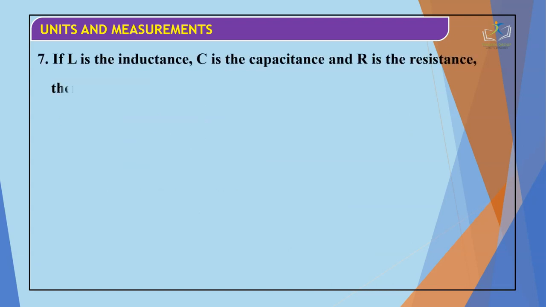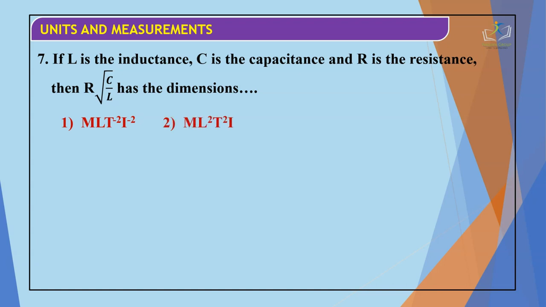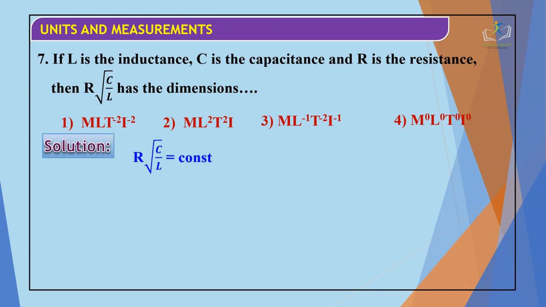Next question which we have: if L is the inductance, C is the capacitance and R is the resistance, then R under root C by L has the dimensions ml t minus 2 I minus 2, ml to t2 I, ml minus 1 t minus 2 I minus 1, ml0 t0 I0. Solution: R times under root C by L is equal to a constant.